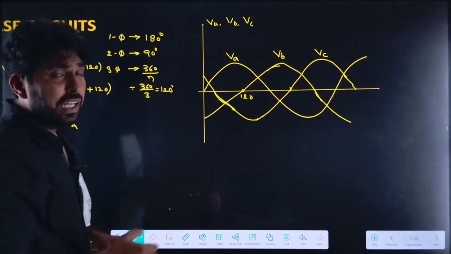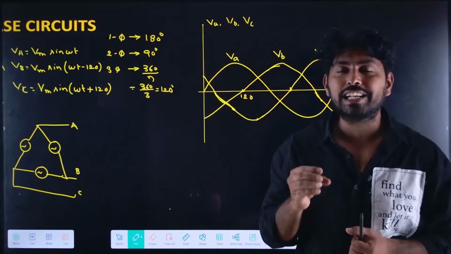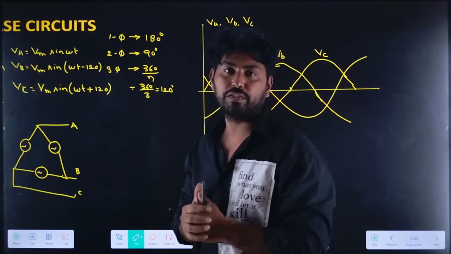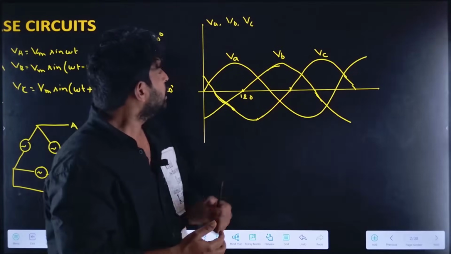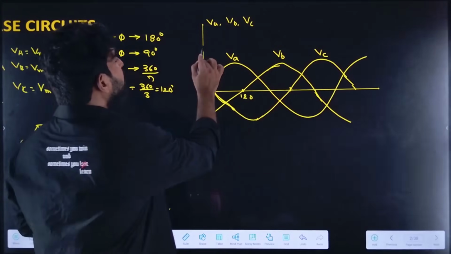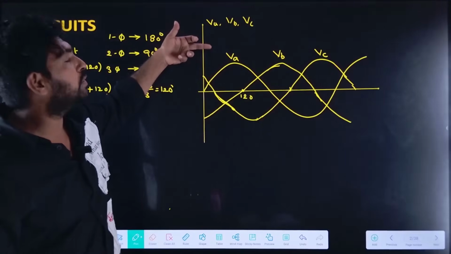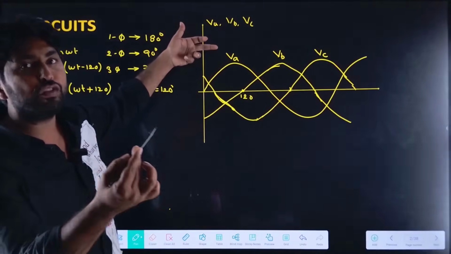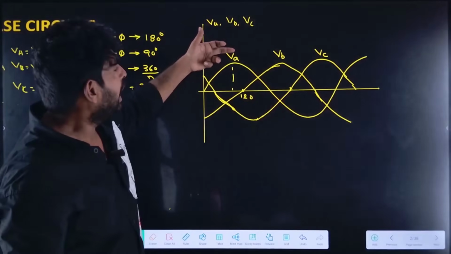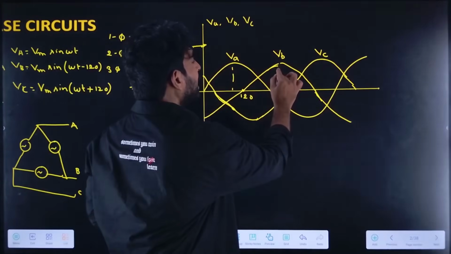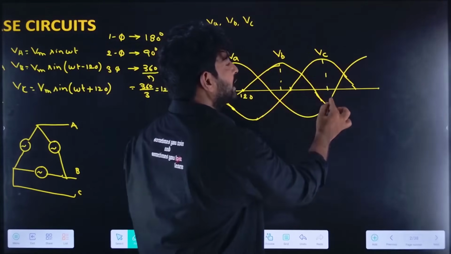So here, what is the phase sequence? Let us understand what the phase sequence of the three-phase system is. How can we define the phase sequence of the three-phase system? For example, if I start from 0, the maximum value of VA occurs at 90 degrees, the maximum value of VB occurs at 210 degrees, and the maximum value of VC will occur at 330 degrees.